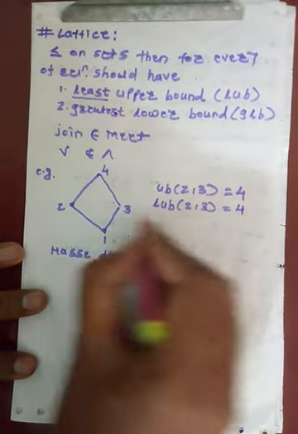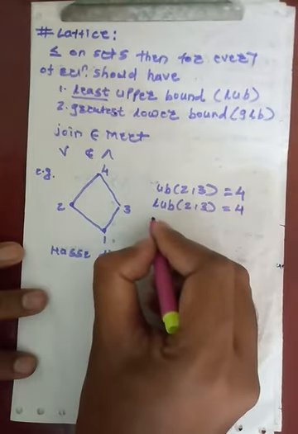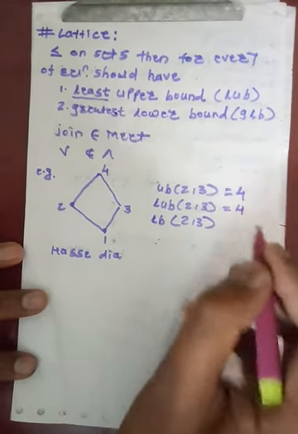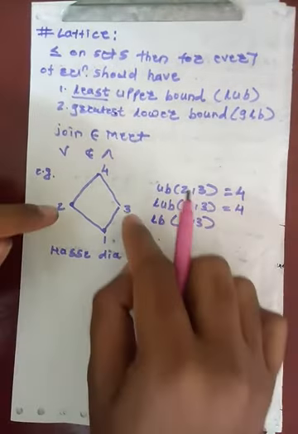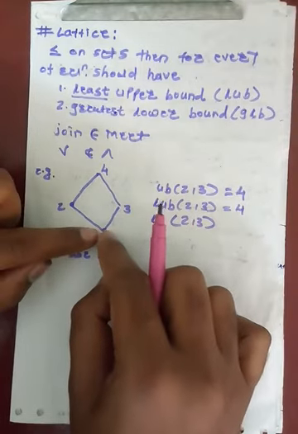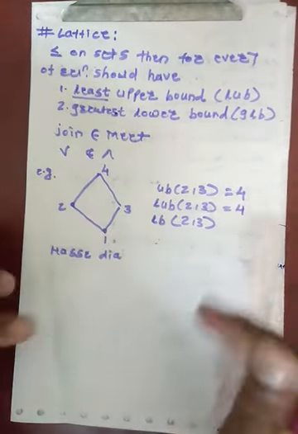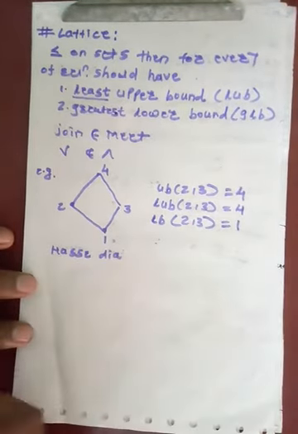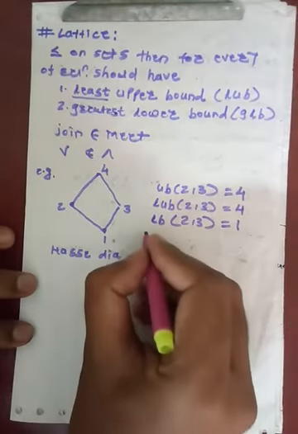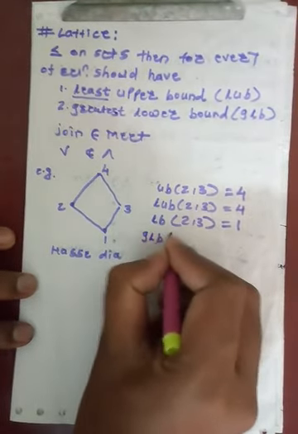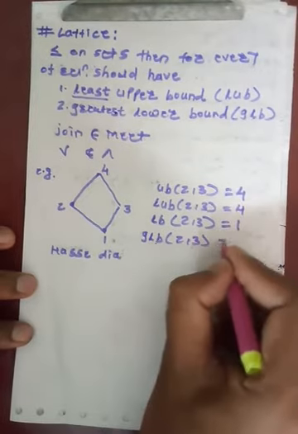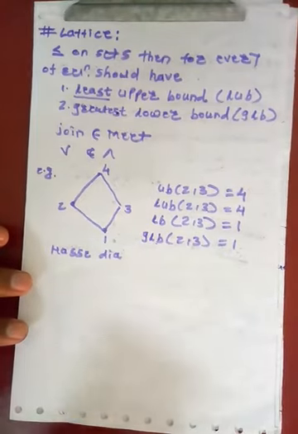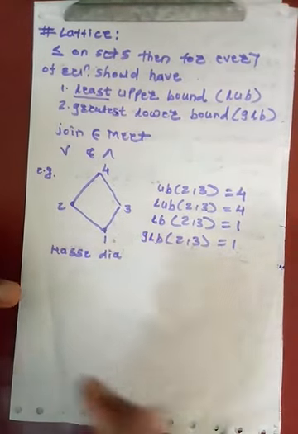Next, consider the lower bound of 2, 3. Lower bound means meet, that is, 2 and 3 will meet at 1. So the lower bound of 2, 3 is 1, and the greatest lower bound of 2, 3 is again 1, because there is only one lower bound.